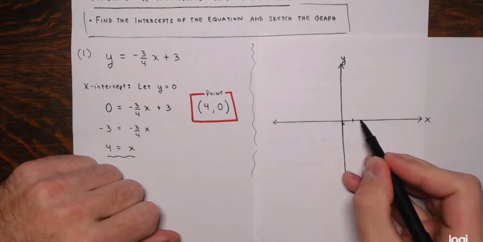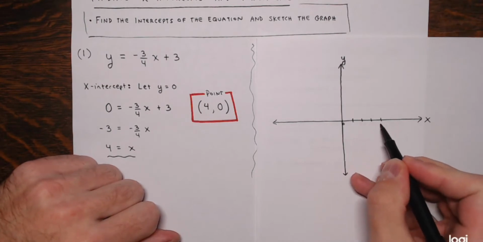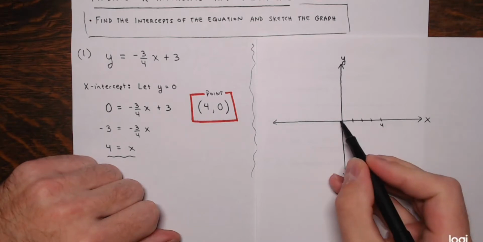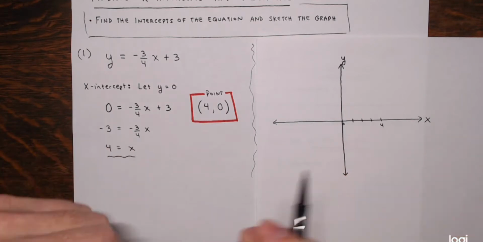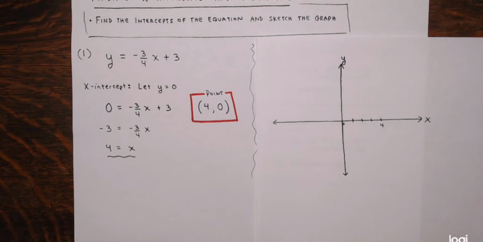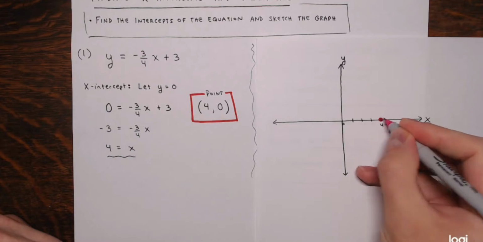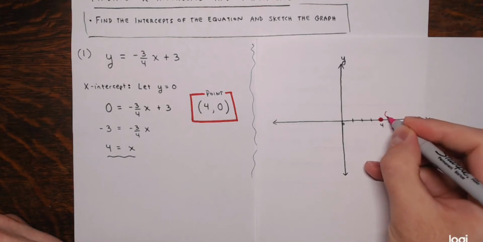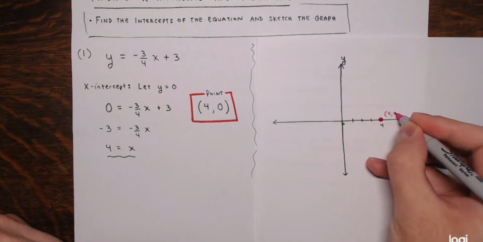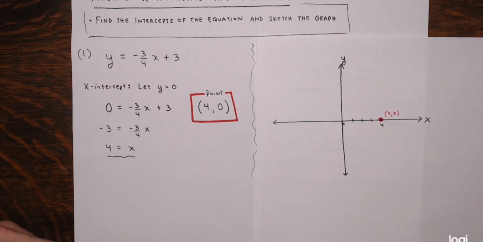You go to positive 4 on the x-axis, and then 0 on the y-axis means you're on the x-axis, and that would be this point right here. I'll label it for this first question. There's the point on the plane that has x-coordinate 4 and y-coordinate 0, the x-intercept.